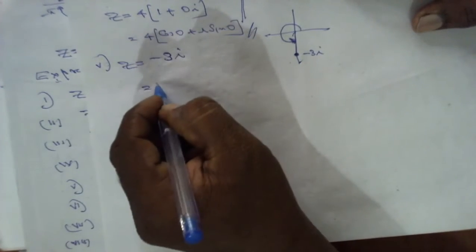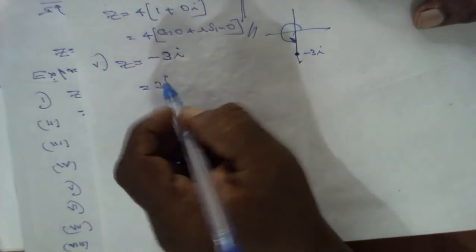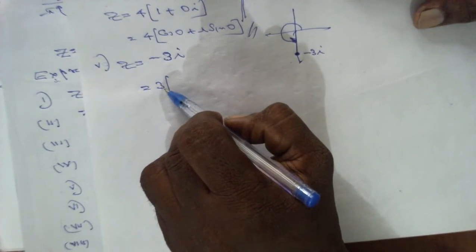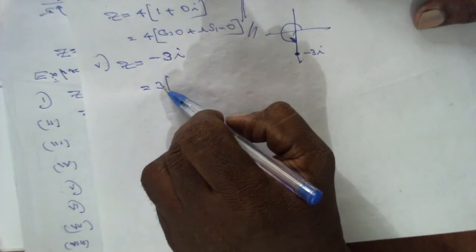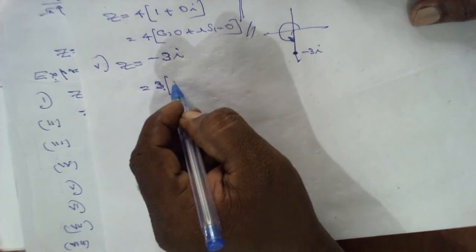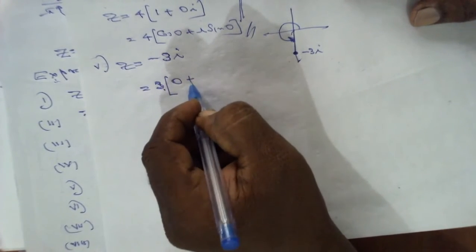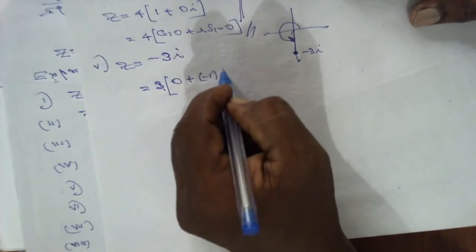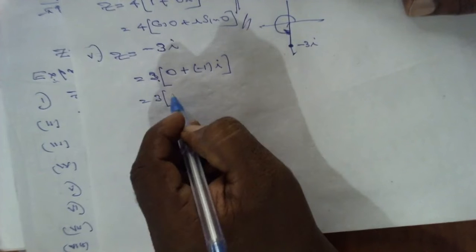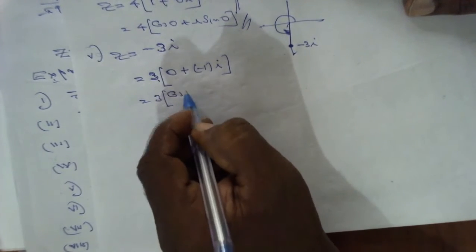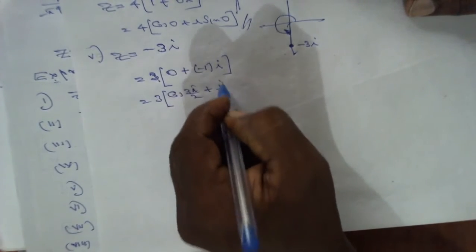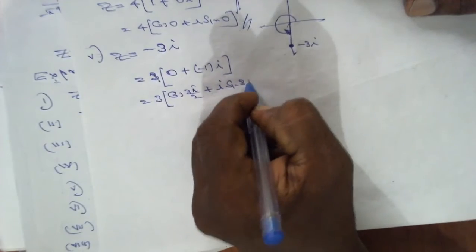So 3 times, always you have to take the positive number out of the brackets. Then you have 0 plus minus 1i. So 3 into cos 3 pi by 2 plus i sin 3 pi by 2.